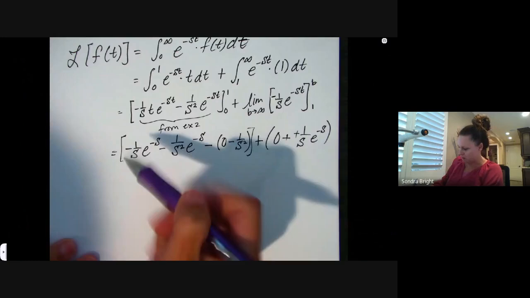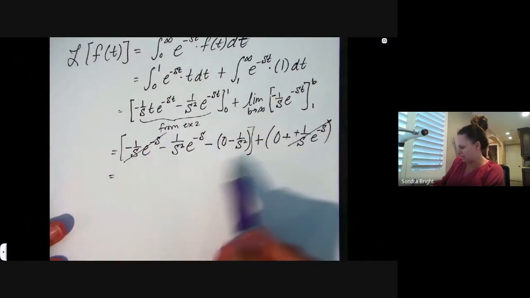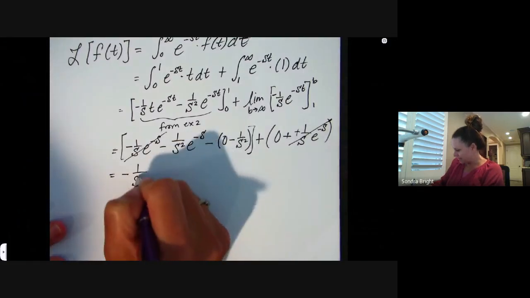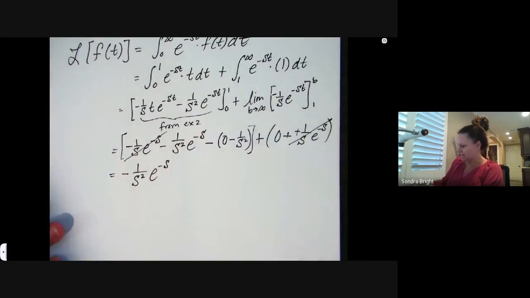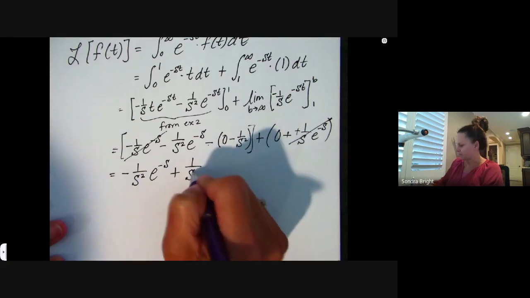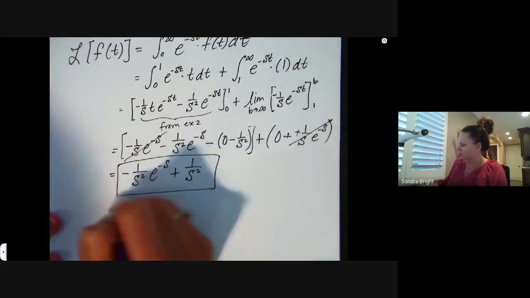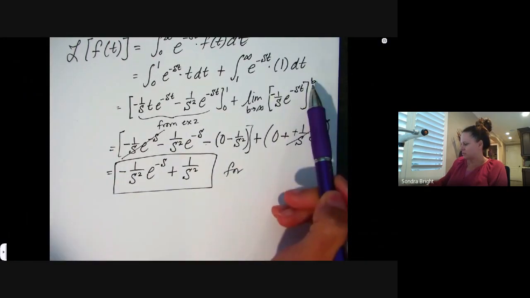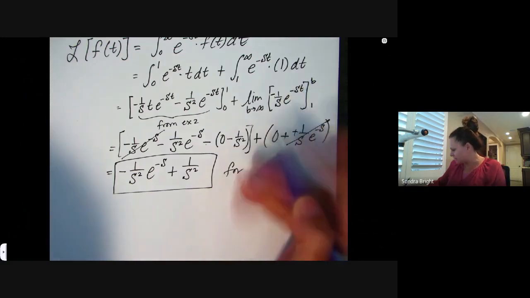That's nice. I don't see anything else. So it's a negative 1 over s squared e to the negative s minus a negative 1 over s squared. What do we care about? We care about when I plug that b in as it goes to infinity, right? I need this to be a negative, and so this is also for s greater than 0.